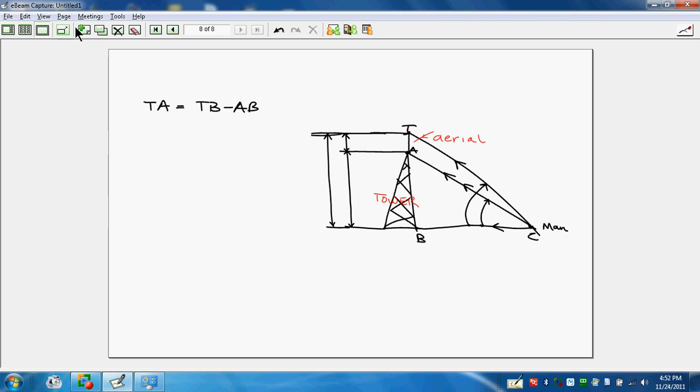If I find TB, which is this whole length here, and I find AB, and subtract AB from TB, I'll get the height of the aerial, which is TA. Okay, so we'll do it in parts. Let us find TB first. To find TB, I'll draw the triangle that we'll use to find TB.